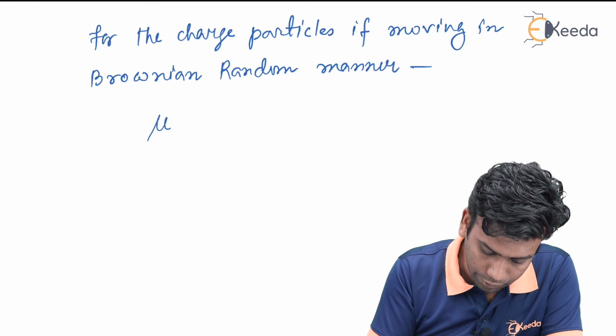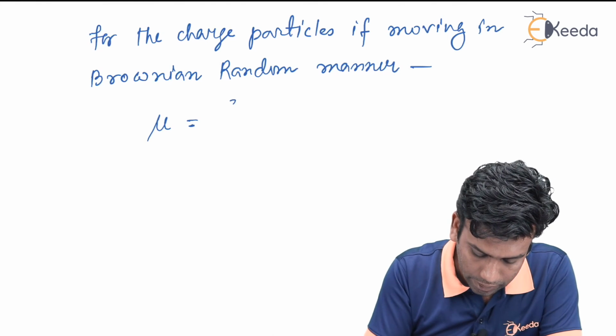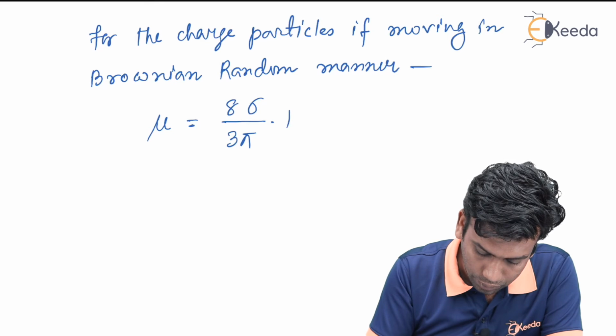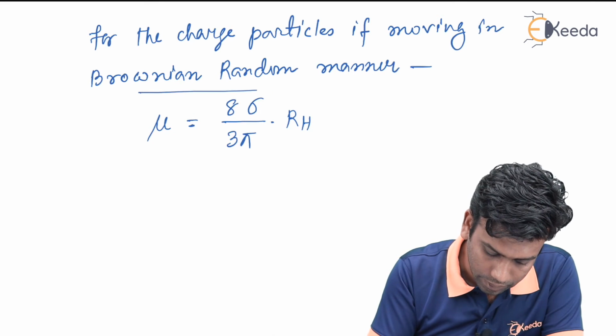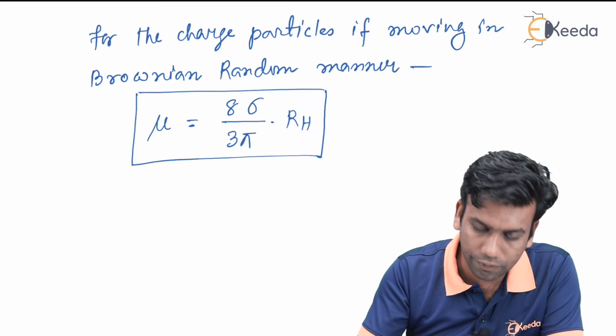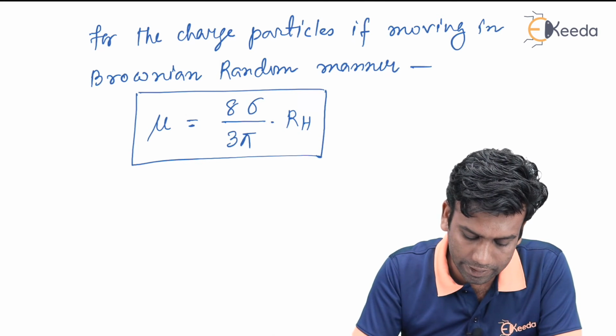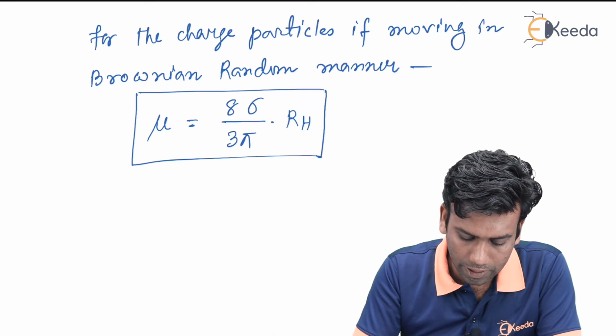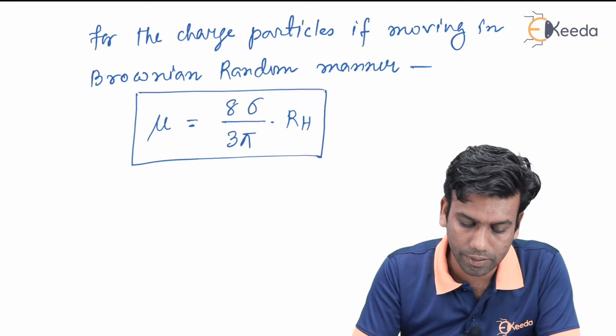So, the mu value can be written as 8 sigma divided by 3 pi into RH. So, this will be the value of mobility if we consider the real case that the charged particles are moving in a random Brownian manner.